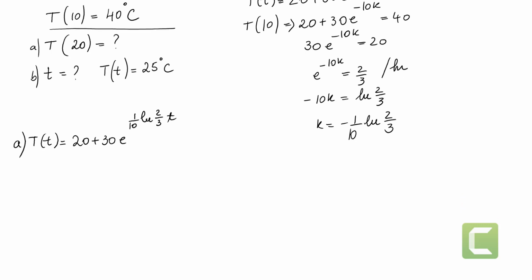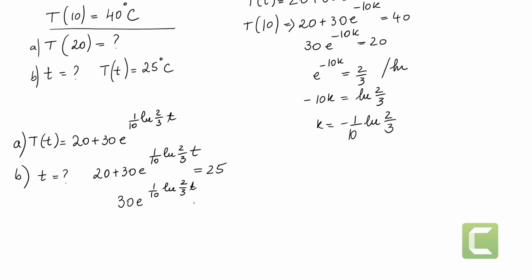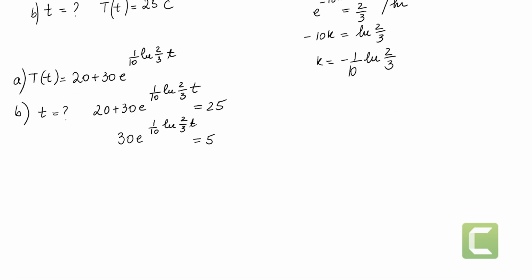Part B says find the time so that 20 plus 30 e to the (1/10 ln of 2/3) t is equal to 25 degrees. If we solve this equation, we get 30 e to the (1/10 ln of 2/3) t equals 5, we divide by 30, so it's 5 over 30, which is 1/6.